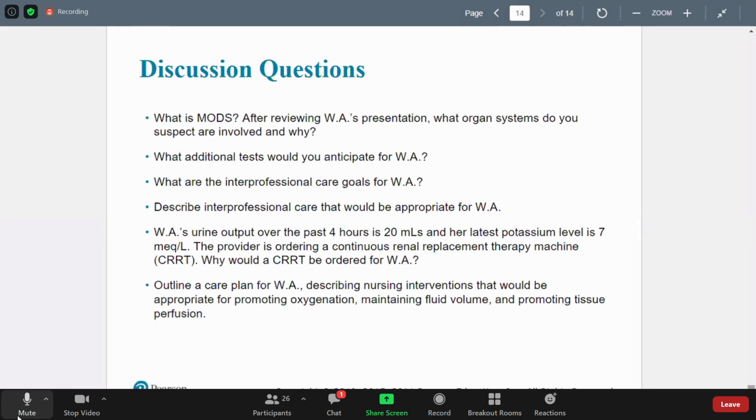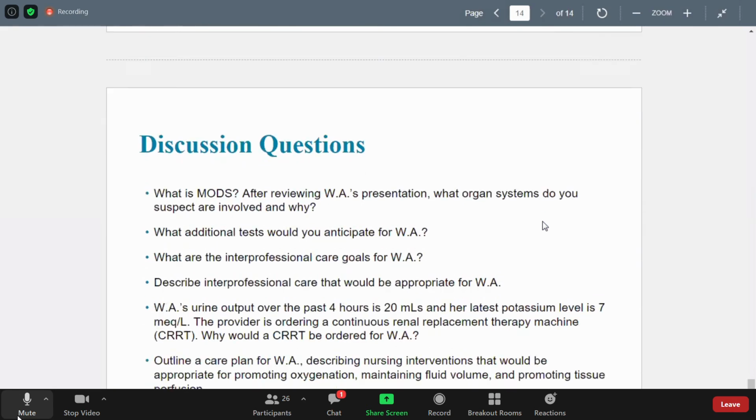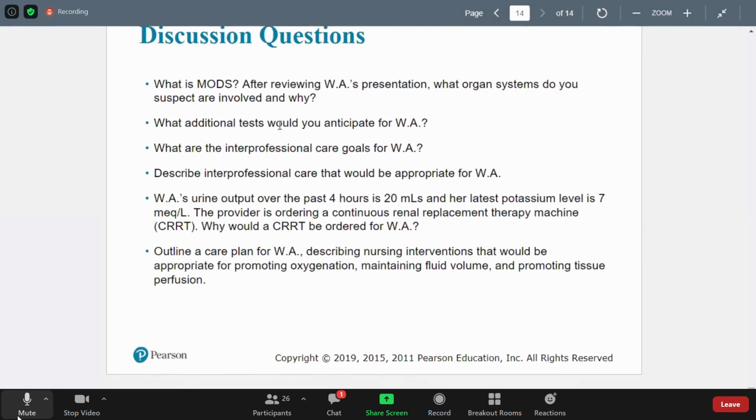So what was the other question? What do you think is the origin of WA's septicemia? What additional tests would you anticipate for WA? We said abdominal pain assessment for her hypoactive bowel sounds, and a CT of the abdomen.